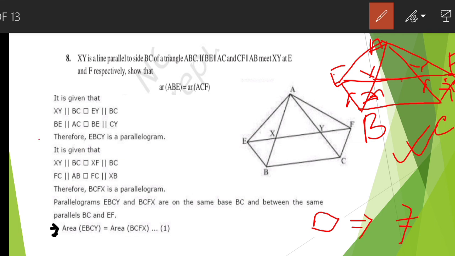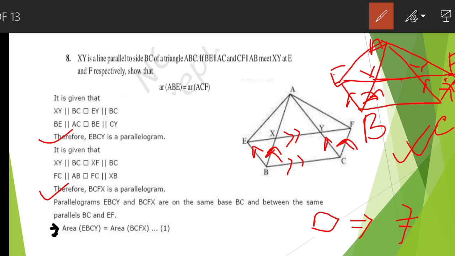Since these are parallel, we can say EBCY is a parallelogram. Similarly, it is given XY is parallel to BC, so XF is parallel to BC. CF is parallel to AB, so CF is also parallel to XB. So we get BCFX as a parallelogram.